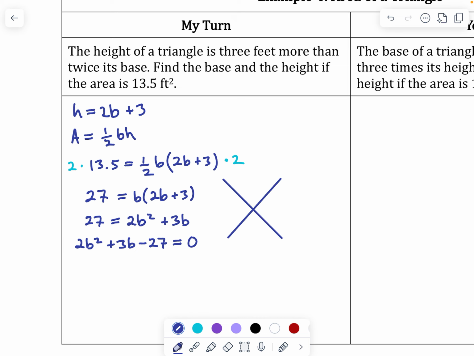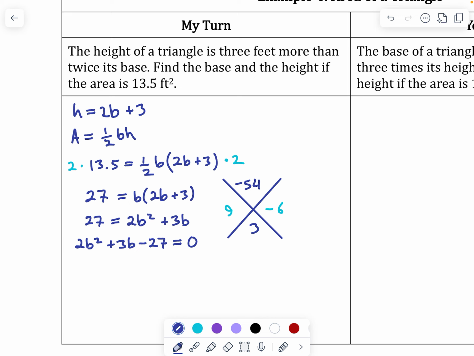The top number is going to be 2 times negative 27, which is negative 54. My bottom number is going to be that 3 right there. So I need two numbers whose product is negative 54 and whose sum is 3. That's going to be 9 and negative 6.